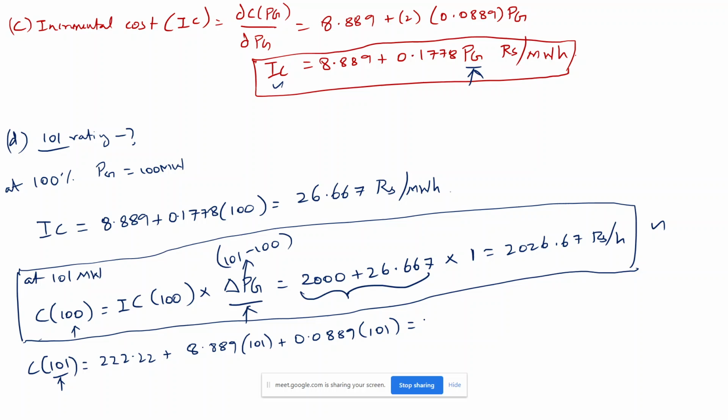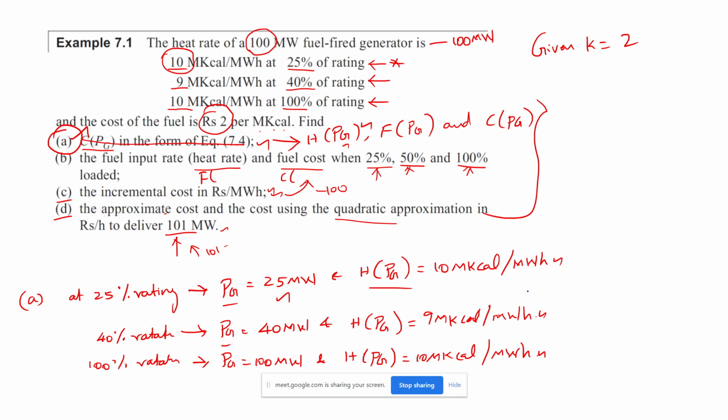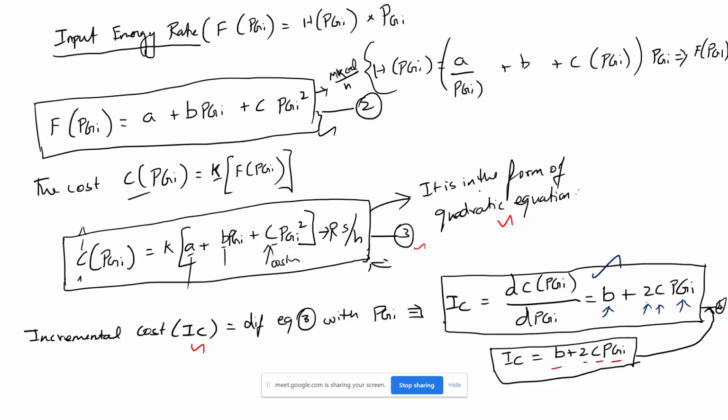If I solve this, I will get 2026.75 rupees per hour. So this is the second method, taken from the quadratic equation, equation 3. So this is equation 4.